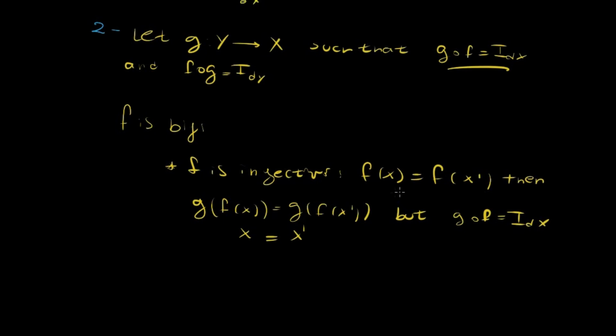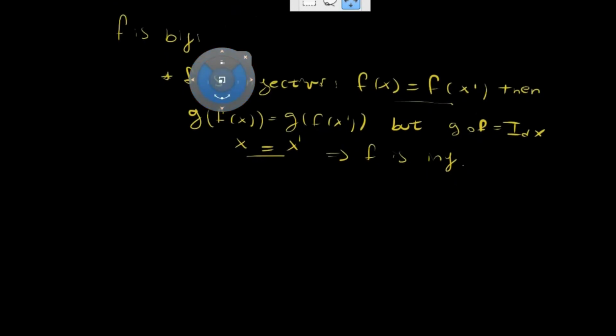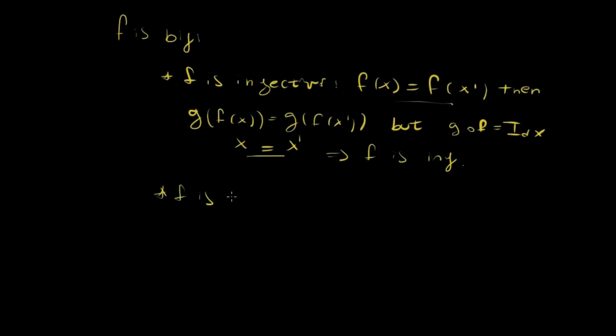So we had f of x equals f of x prime, and we were able to conclude that x equals x prime, so f is injective. Perfect. Now we only need the other proof, and that is f is surjective.